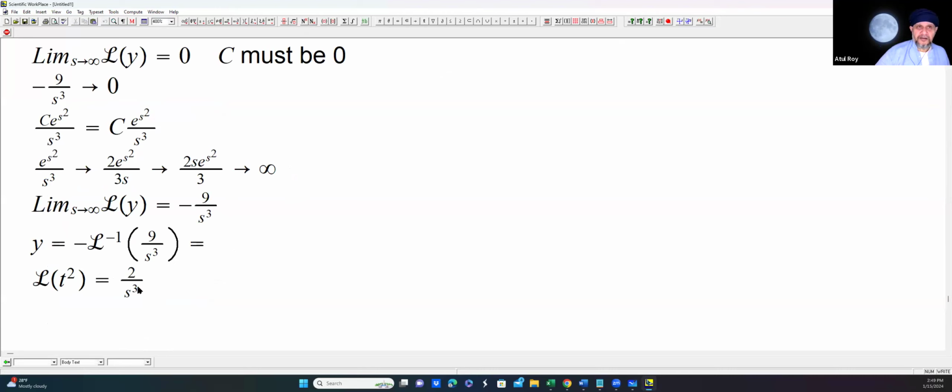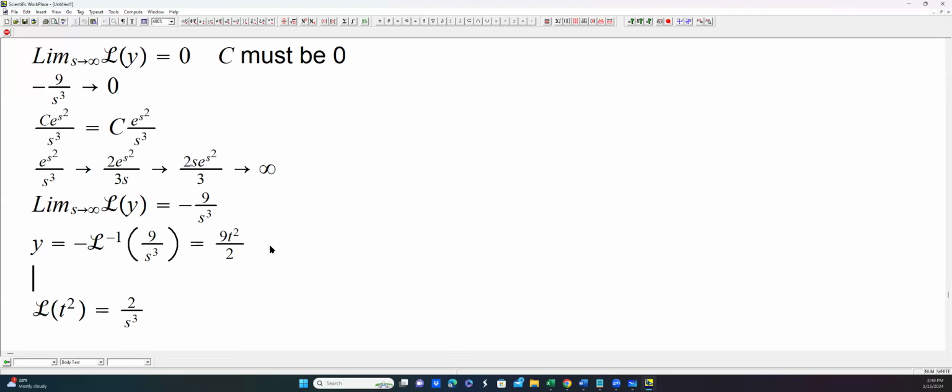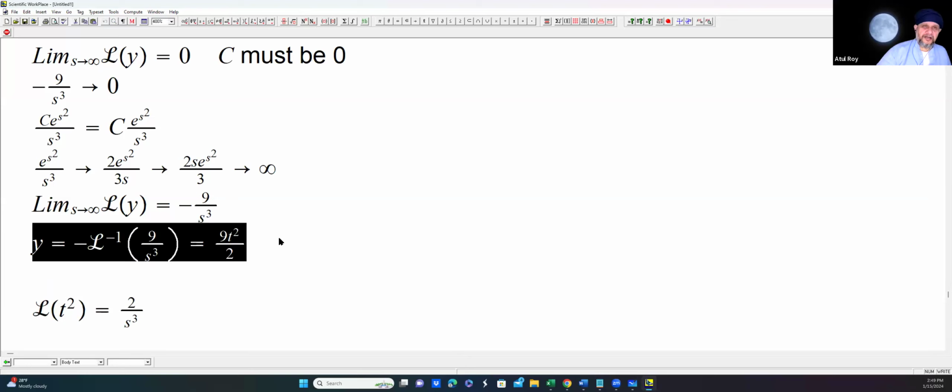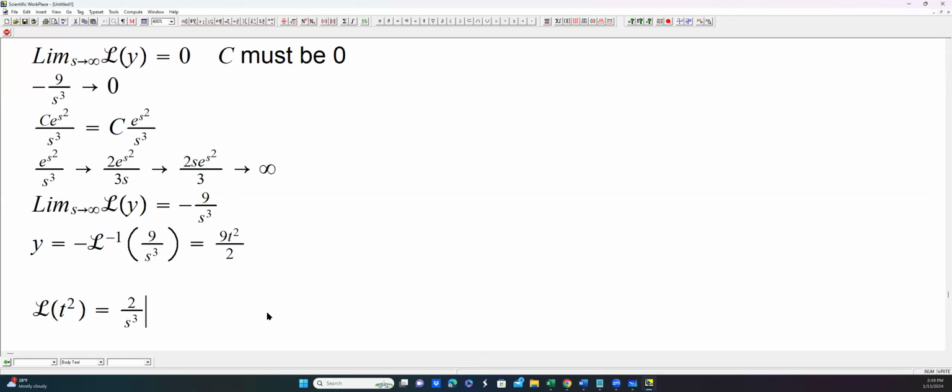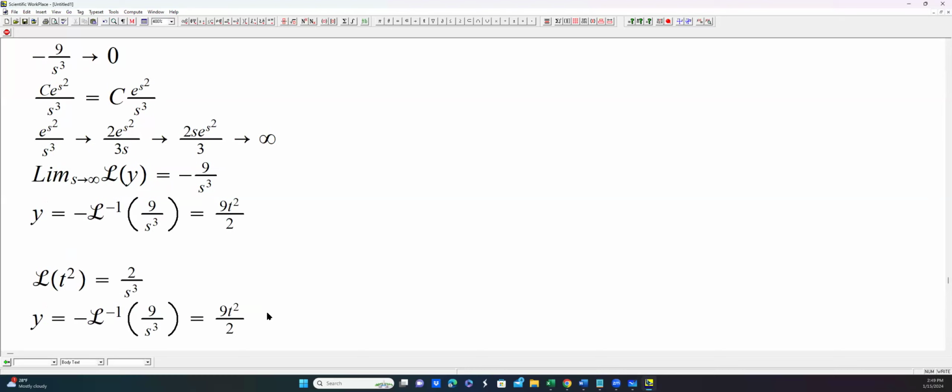So inverse Laplace of 1 over s cube will be t square over 2, right? So this will become 9 t square over 2, right? So that's the second part of the solution, right? Are we good on this?